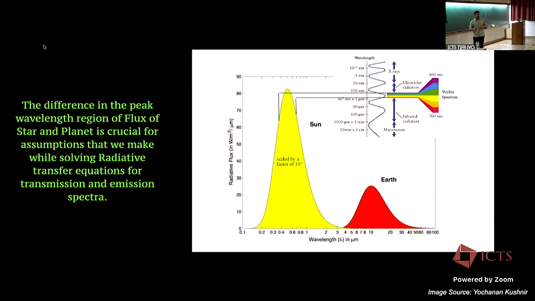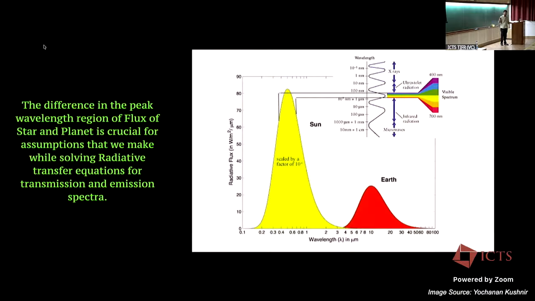That may not be the case for all exoplanets, but for many of them, even for a planet around such stars at 1000 or 2000 kelvin, they are still very well separated. This separation in wavelengths becomes very important when we are solving radiative transfer equations for transmission and emission spectra. I just wanted to make this point, which you might already know.